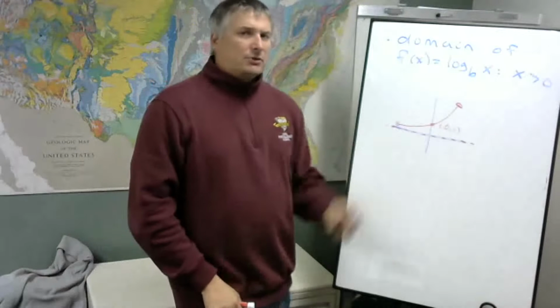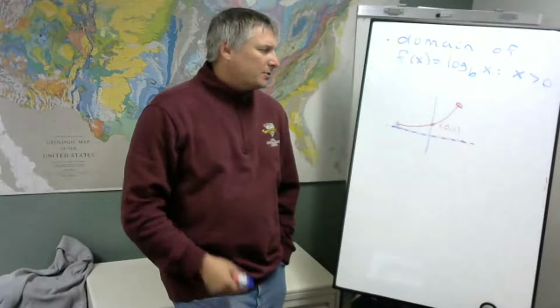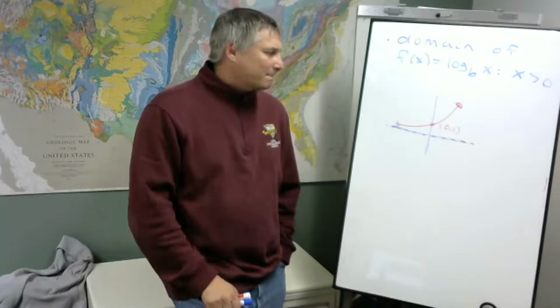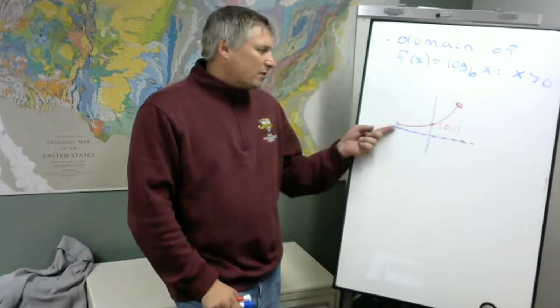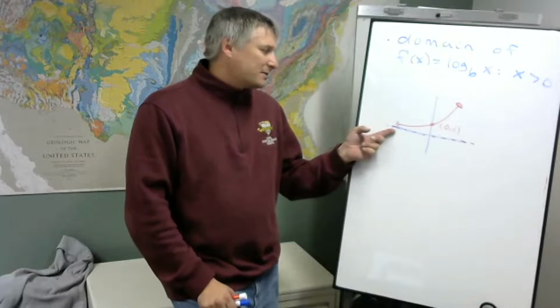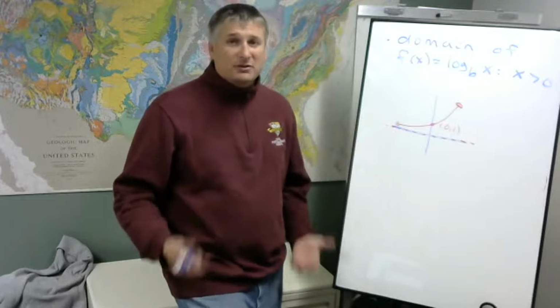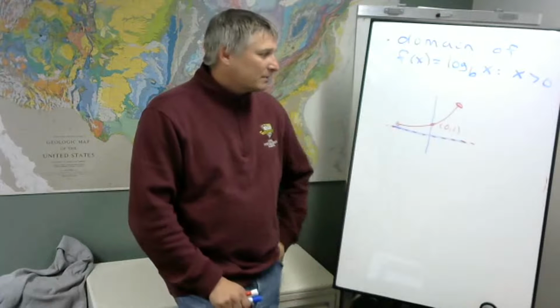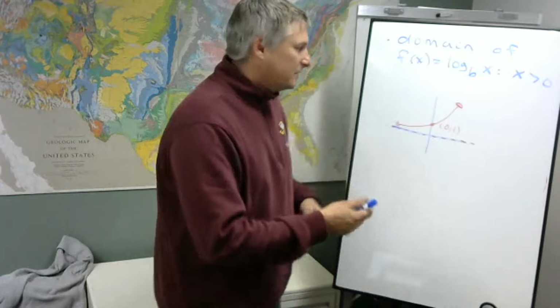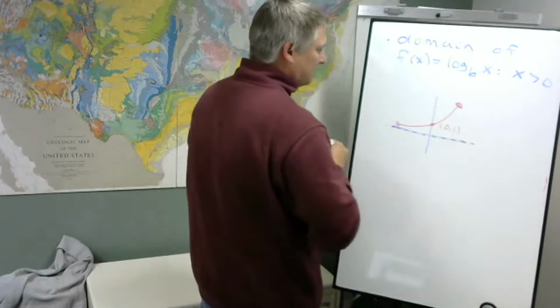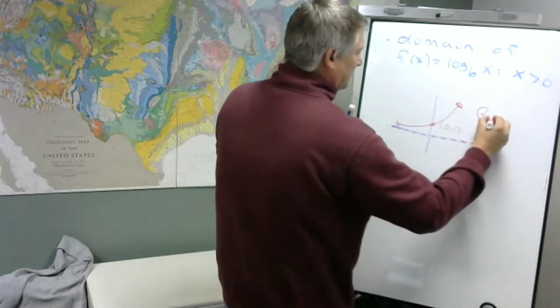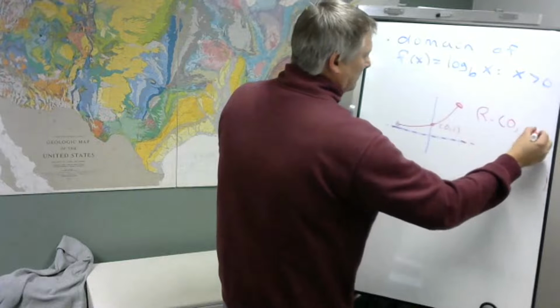Now, the range on this is always going to be greater than 0 because it never crosses, never contacts the x-axis. This is a horizontal asymptote that this function never crosses or contacts. So the range for this is 0 to infinity.